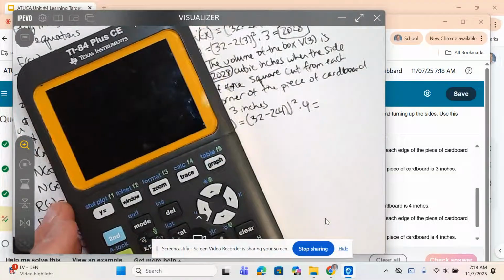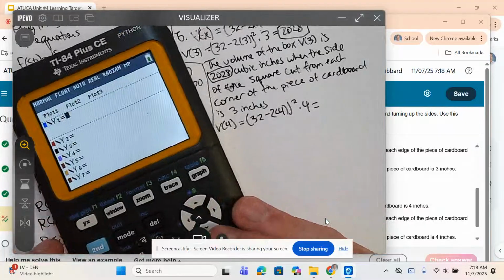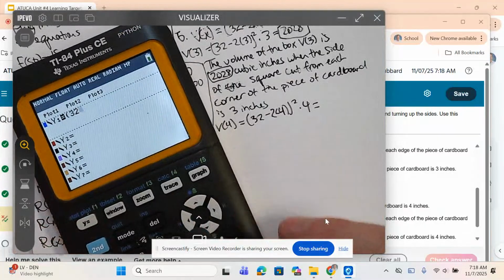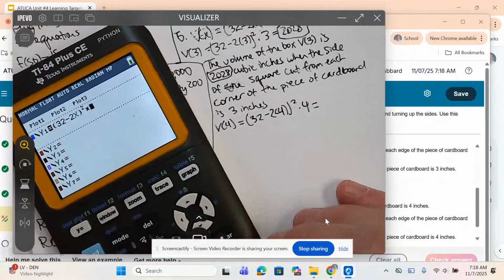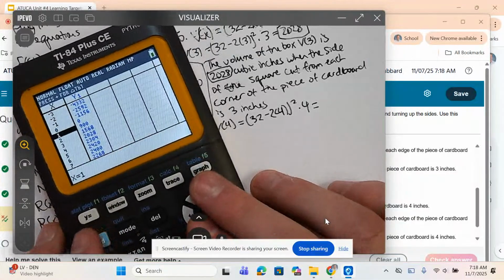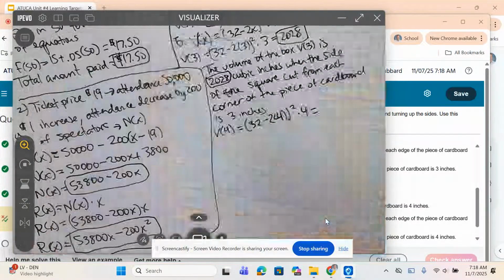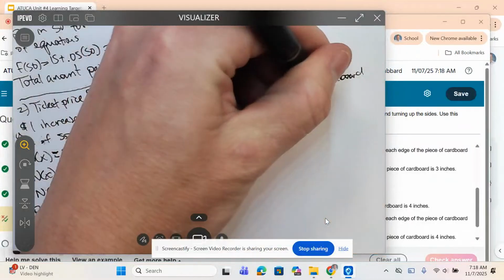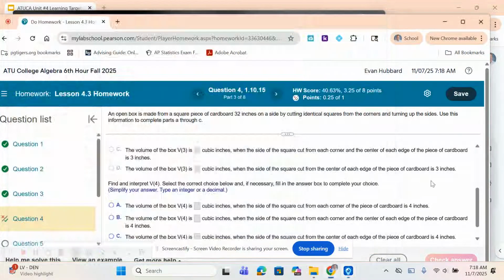Another way you could do this is you could enter this into your calculator, go to y equals, enter this function in there, 32 minus 2x squared times x, and go to second graph. Then you could see that V of 3 was 2028, V of 4 was 2,304. So that's a quicker way to do that. So 2,304 would be your value there.